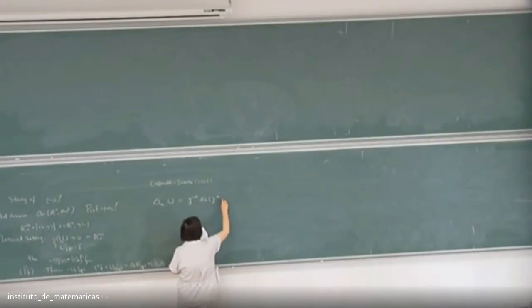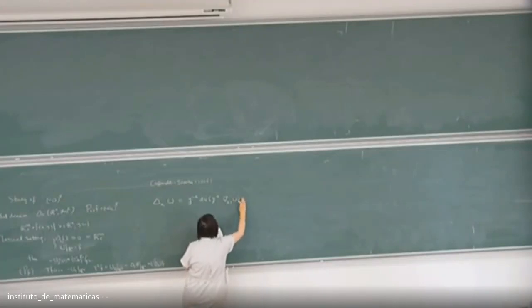So their theorem is this. They consider, is this big enough? Laplace_a, is that big enough? So it's Laplace_a of u, that's defined to be y to the minus a power times the divergence of y^a times the gradient in both x and y variables of u, equal to 0.